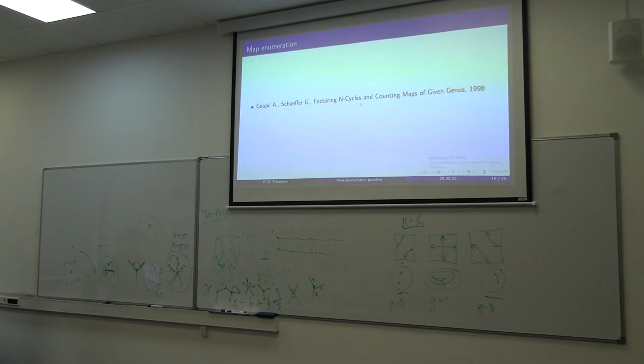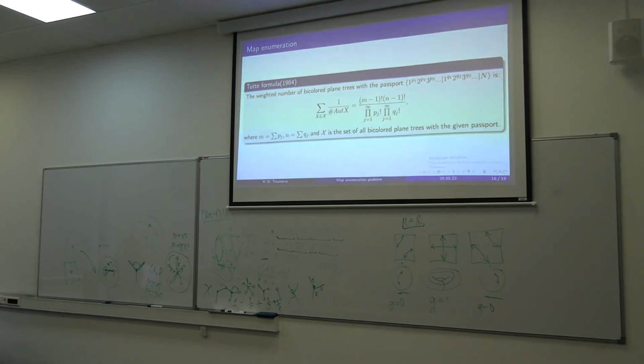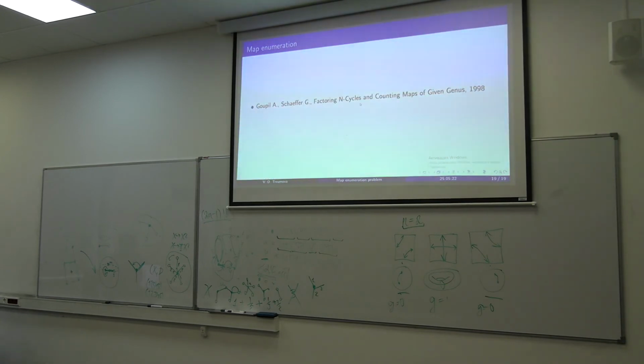So before it was for plane trees with the passport, and here it is for any genus. And what is important for us who study dessins d'enfant is that the passport is invariant under Galois action, and this is the reason why we want to know the quantity of dessins with a given passport.